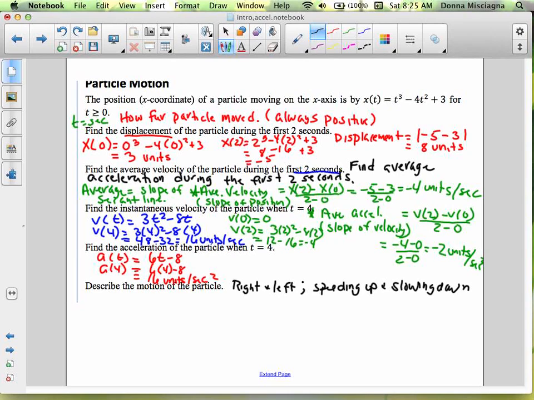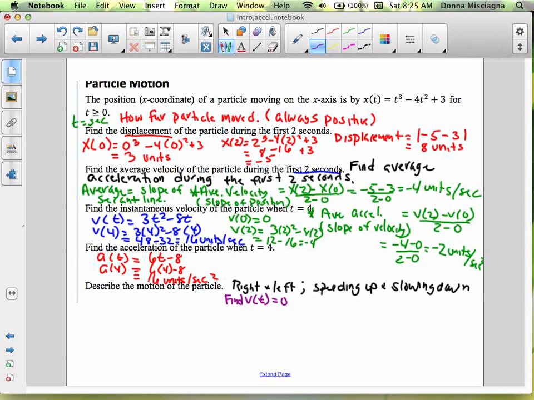To find right and left, we need to find when v of t equals 0. And then we can analyze on either side of those values.